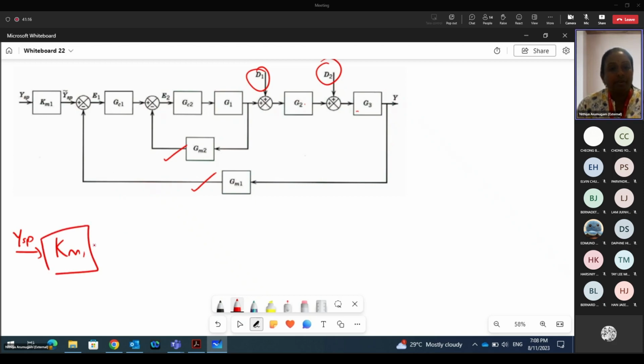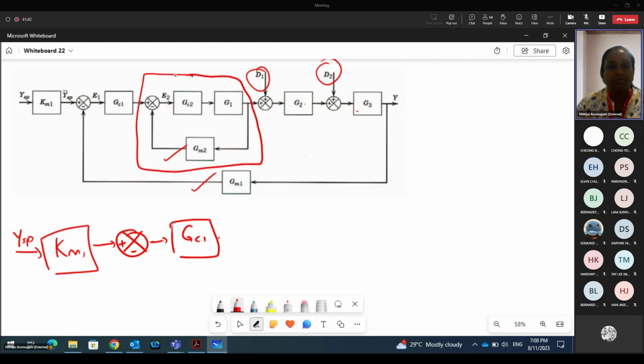All right, we have one summing point. Okay, and we have GC1. All right, we have another summing point. So we will simplify this inner loop first. For us to simplify this inner loop, these two are in series. GC2 and G1 are in series, so I'm going to put GC2 G1.